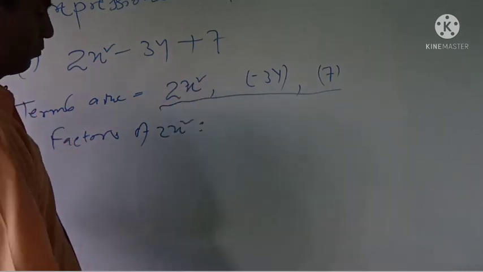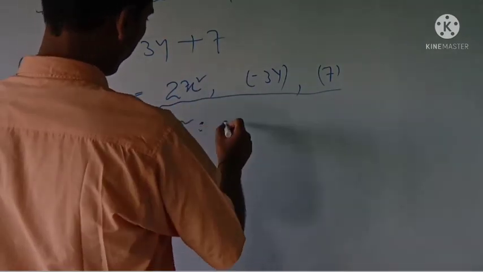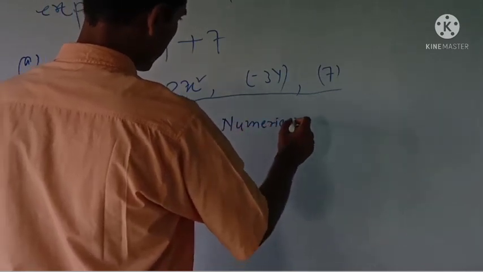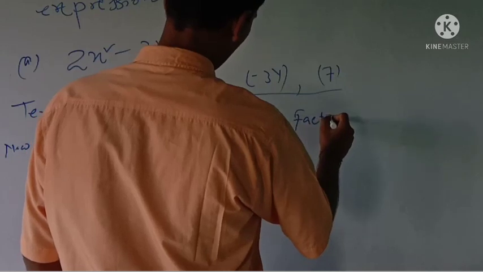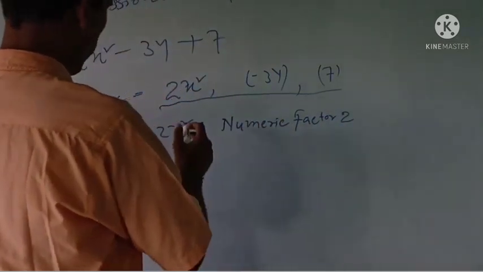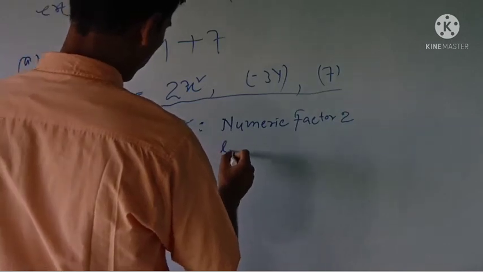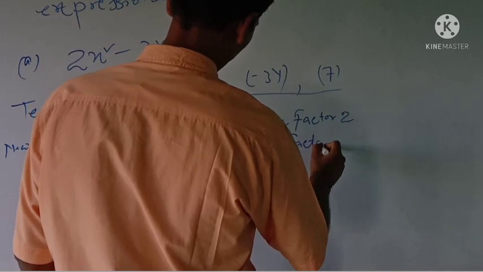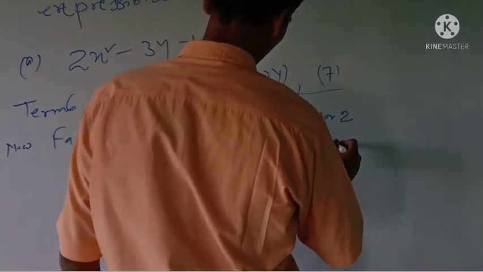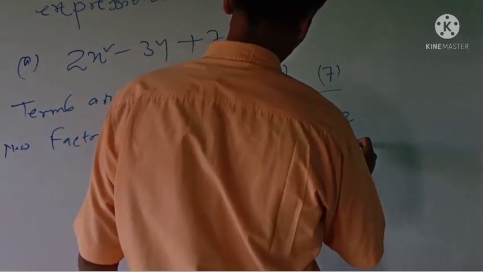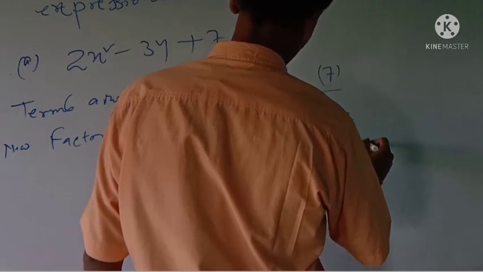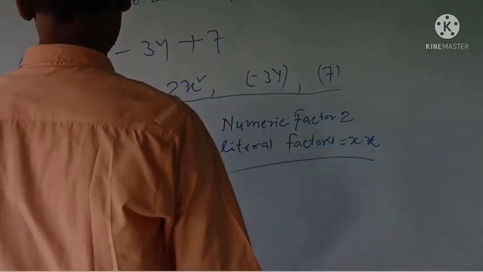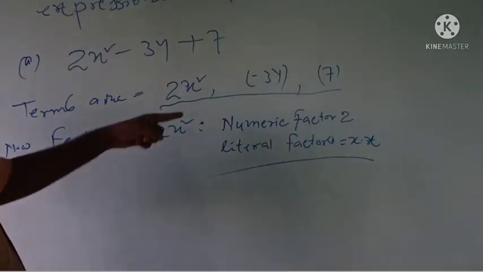Here we got a numeric factor 2, and literal factors: we got x into x. It's very simple.